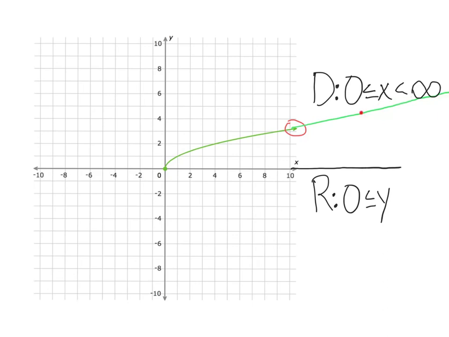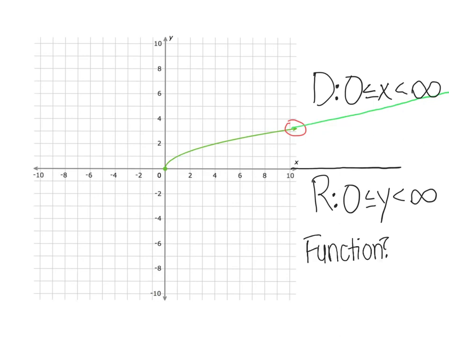So it's just going to be matching up with bigger and bigger y values, and it's never going to stop getting higher and higher. So to show that it goes on forever and keeps getting bigger and bigger, we will say that it goes until infinity.